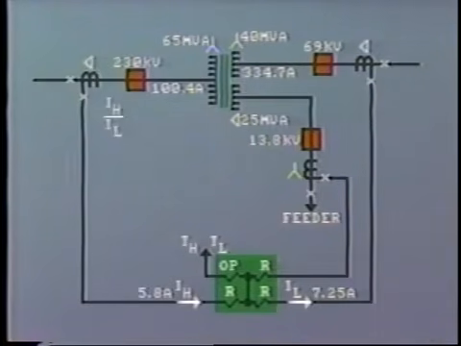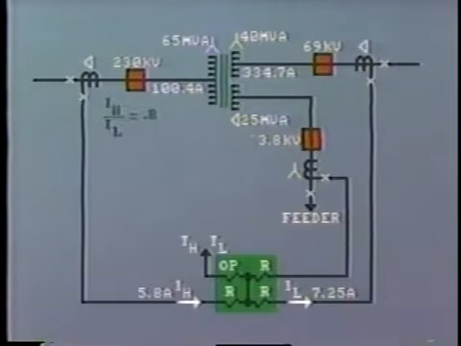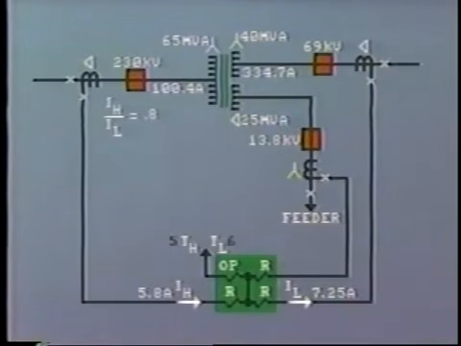The ratio then between IH and IL equals 5.8 divided by 7.25, or 0.8. Now, let's suppose that our taps are set on 5 and 6 respectively, giving us a tap ratio of 0.83.